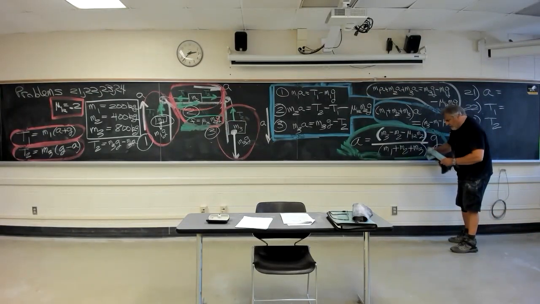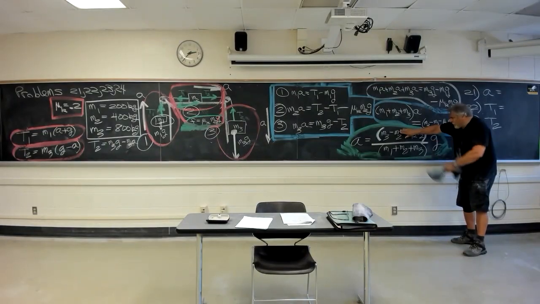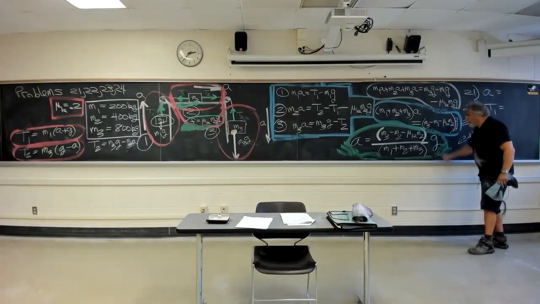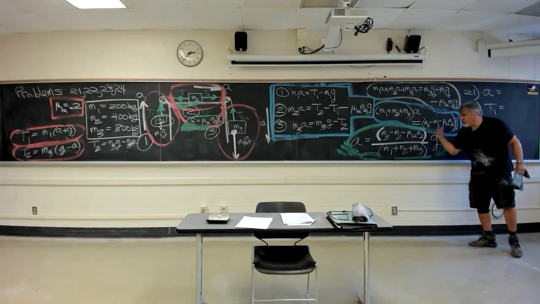Because in the past, we had M3 minus M2 over the sum M1 plus M2 plus M3, that entire ratio times G. Here you've got the fact that there is friction, which is going to make A smaller.